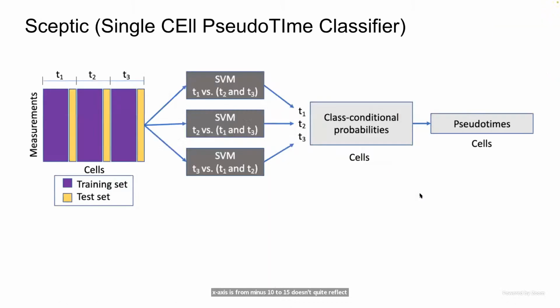So based on that, we propose a new framework called SCEPTIC, single-cell pseudotime classifier, which adopts a multi-class support vector machine model to first infer the class conditional probabilities for each cell, and then infer pseudotime by taking the conditional expectation.